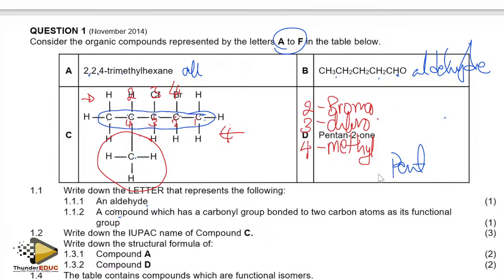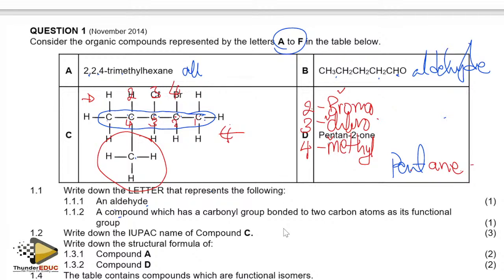Cool. Now, because this is a haloalkane, this one is going to become pentane. Now we have to identify which one goes first in alphabetical order. A, B, C. So B is first, C is second, M is the last.